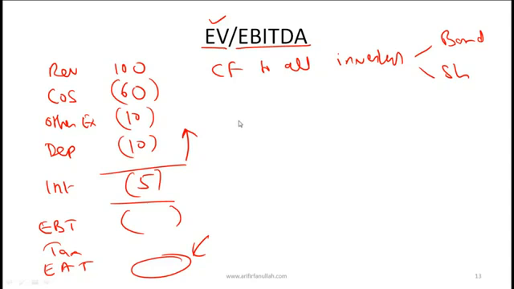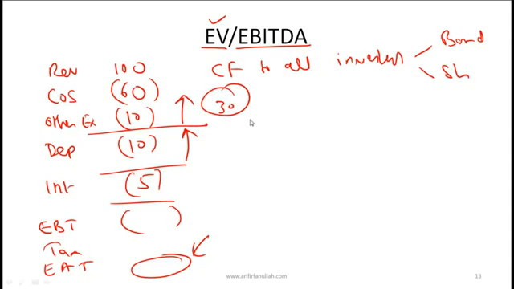Then, since we are concerned with cash flow and depreciation is a non-cash charge, we should actually be concerned with this number above here. So in this particular case, EBITDA is simply going to be 100 minus 60, which is 40, minus 10, which is 30.